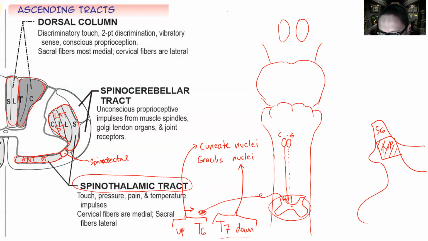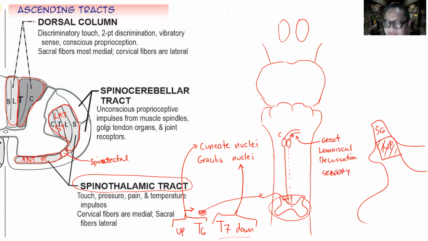Once you have that, they now cross to the other side. That crossing is called your great lemniscal decussation, because that's your great sensory decussation.